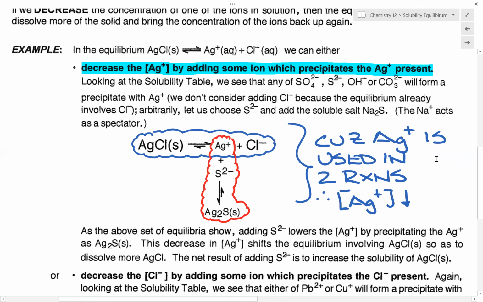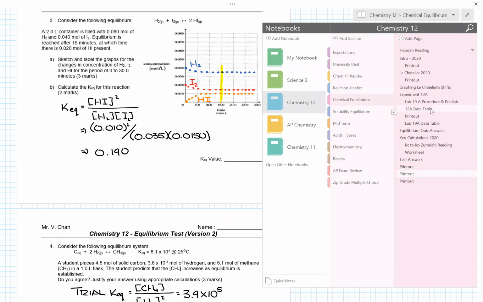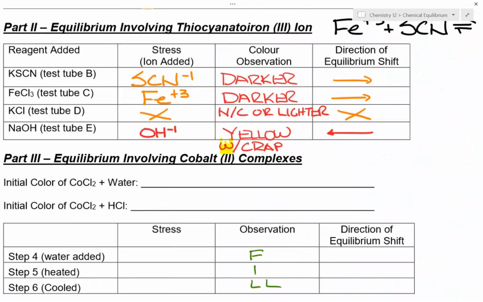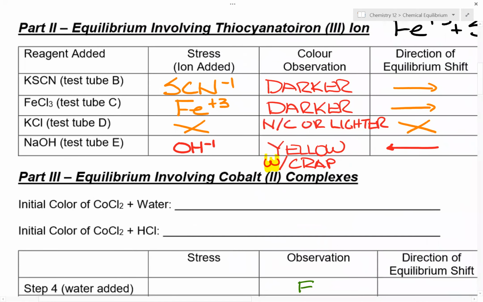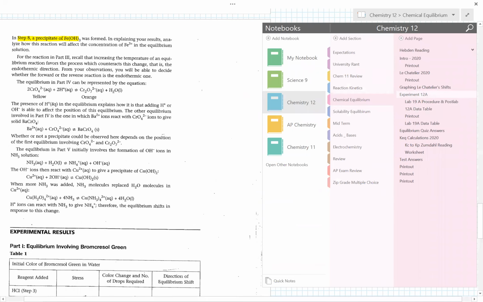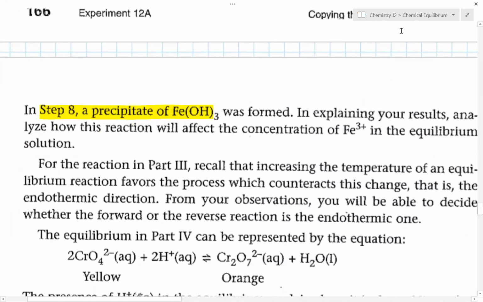Now, you folks have experienced this before. When we did the chemical equilibrium lab, remember the OH- produced a yellow precipitate. And some of you, remember we had read something about step 8, where a precipitate of FeOH3 was formed.